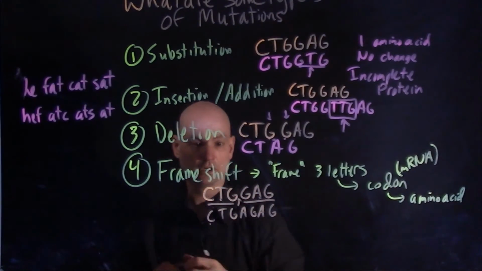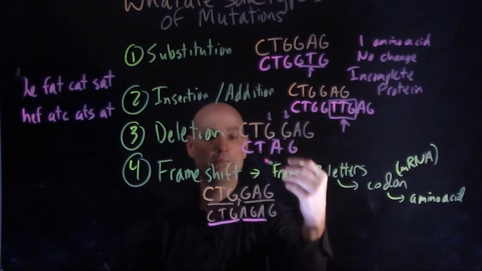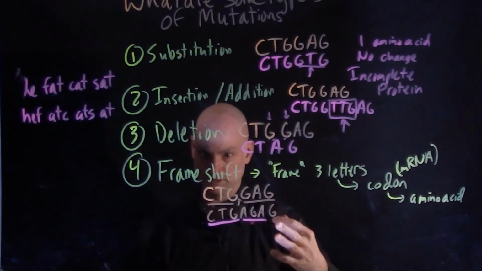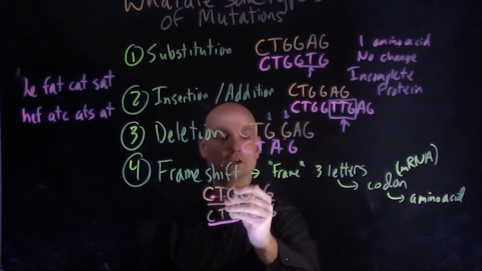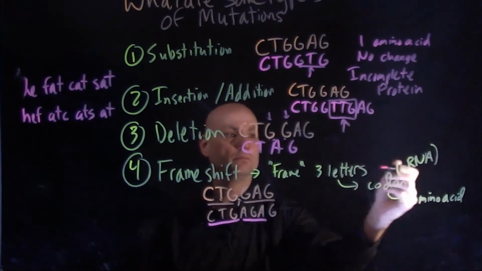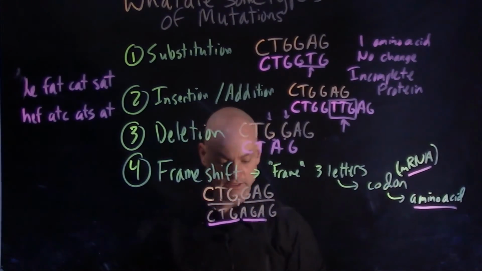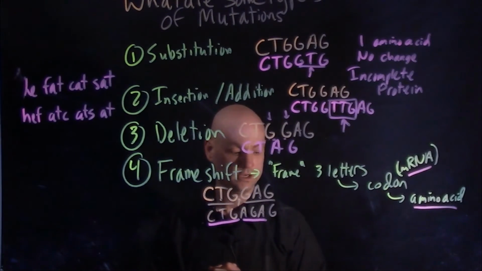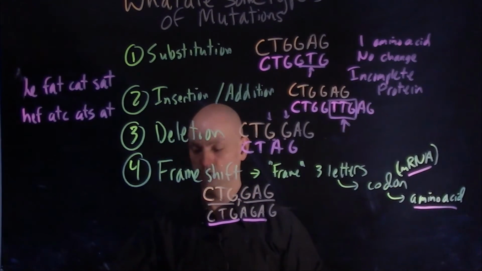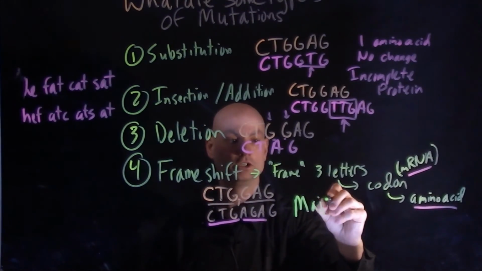Well, here's our new problem. Notice our second frame is completely different from the first one. It's going to make a completely new mRNA, a completely new amino acid, completely different. So this usually leads to some major issues.